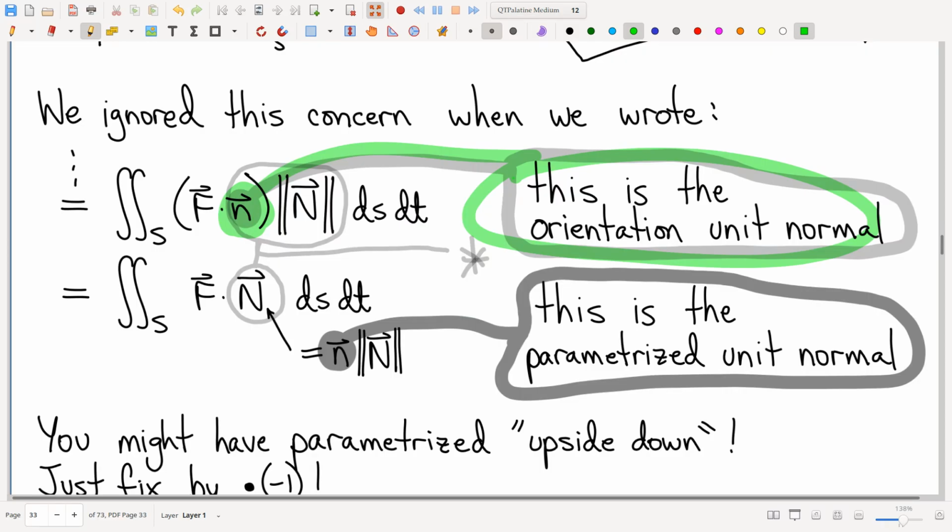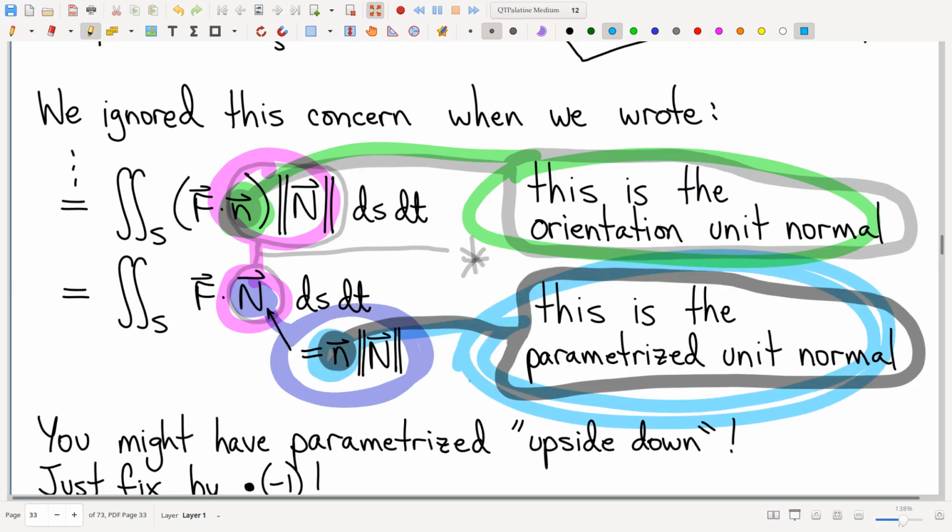What we had at this stage was the orientation unit normal, and when I just replaced all of this with that, keeping in mind that the capital N vector has its own orientation, which is the parametrized unit normal, I was assuming that the parametrized unit normal that I created was the same as the orientation unit normal that I was given. It looks like a duck, quacks like a duck, and all that, but it's just not something you can assume. Does that make sense to everybody?